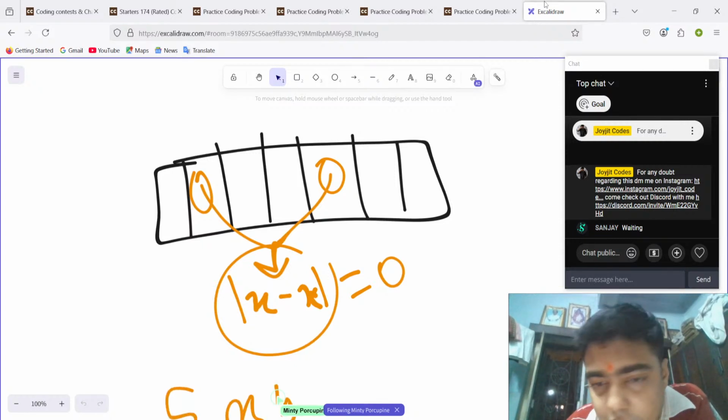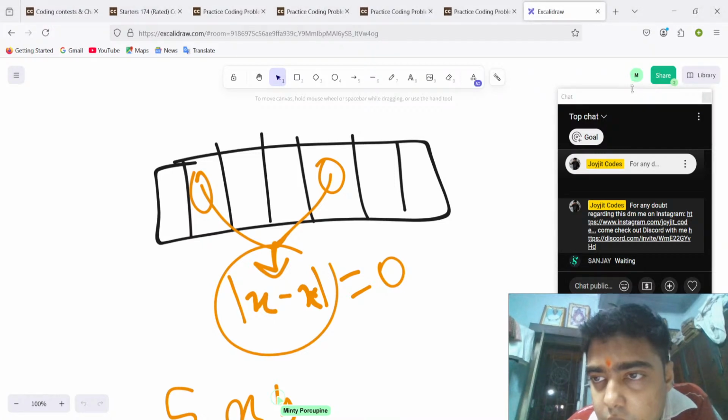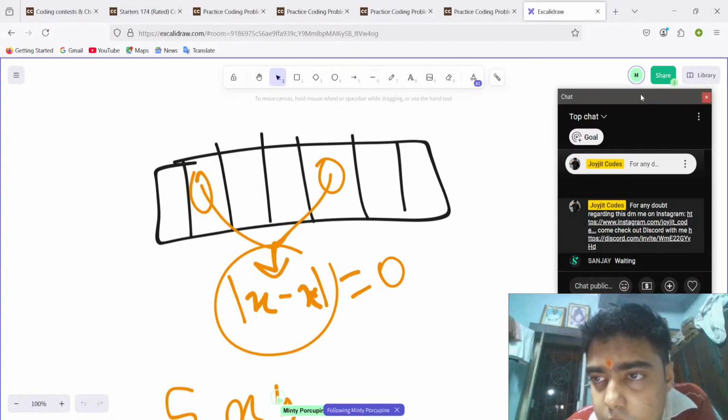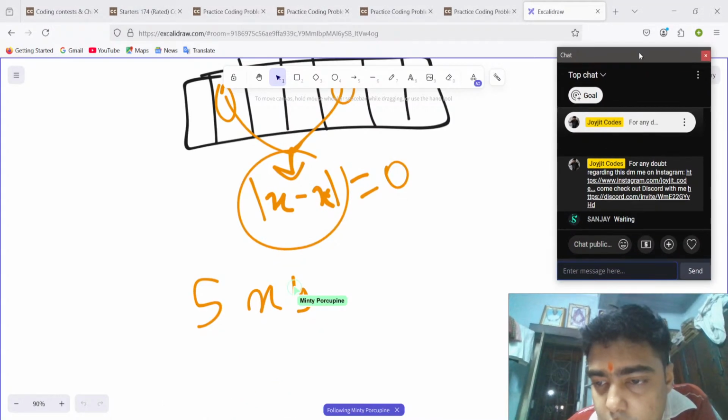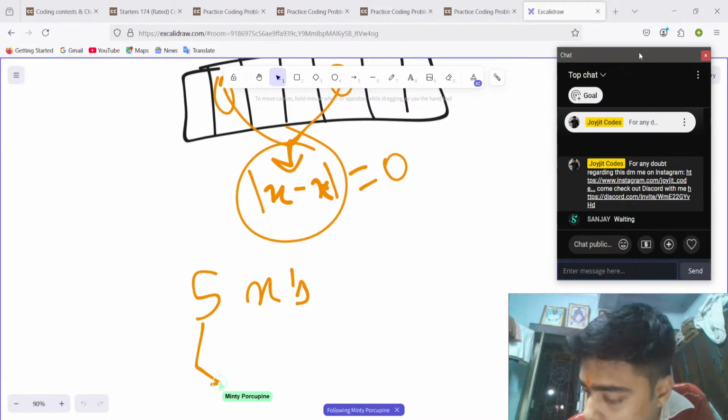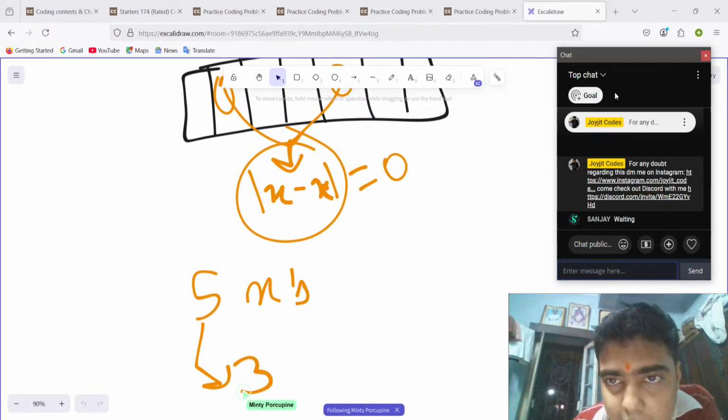Yeah. So basically there are 5 x. Okay. So in this case, what we can do is take out a pair of x and make them 0. So we are remaining with 3 x, right? I don't know why there is so much lag from this Excalidraw.